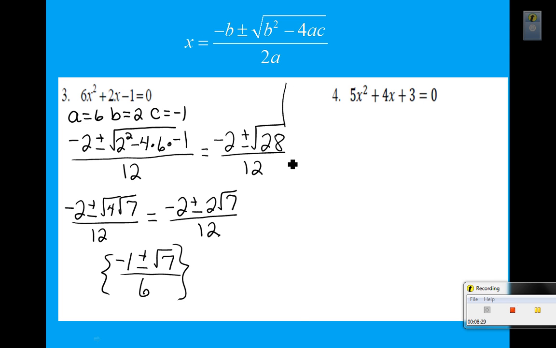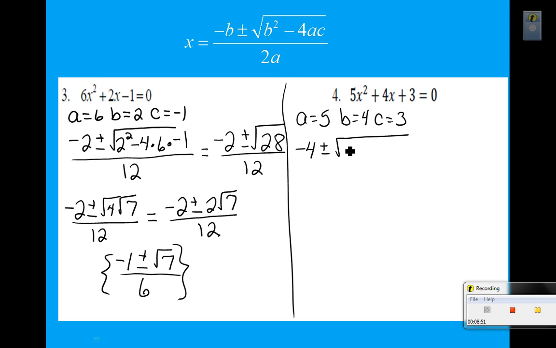Here goes my number 4. On number 4, in this case, my A value is going to be 5, my B value is going to be 4, my C value is going to be 3. When I start running these through, I'm going to have the opposite of B plus or minus the square root of B squared, so 4 squared, minus 4 times my A value times my C value, all over 2 times my A value, which is 10.